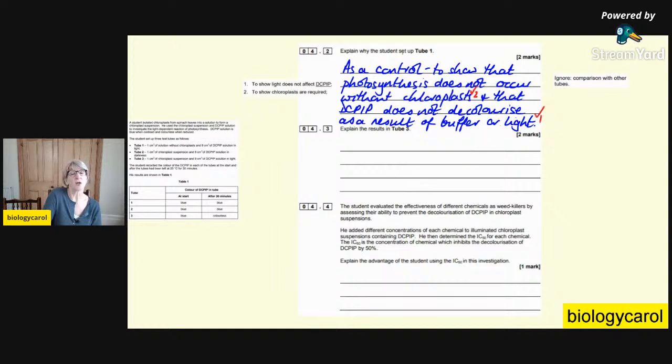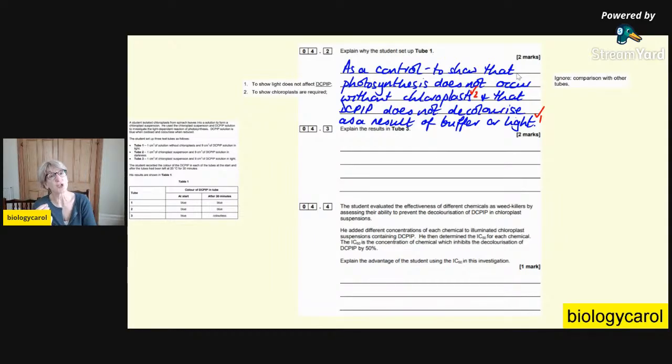So this was interesting because the marks were basically for really explaining what a control does. It shows that the active ingredient of that part of the experiment is the thing that causes the measurement to change, in this case, the decolorization of DCPIP.